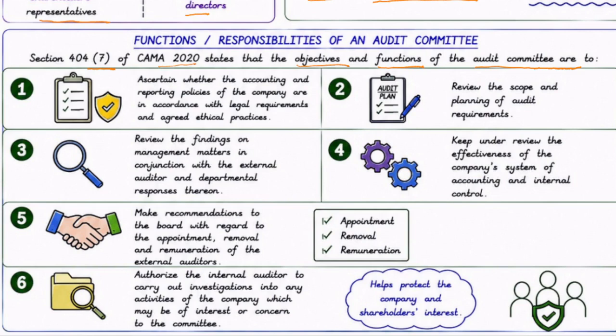Ascertain whether the accounting and reporting policies of the company are in accordance with legal requirements and agreed with ethical practices. 2. Review the scope and planning of audit requirements. 3. Review the findings on management matters in conjunction with the external auditor and departmental responses thereon.